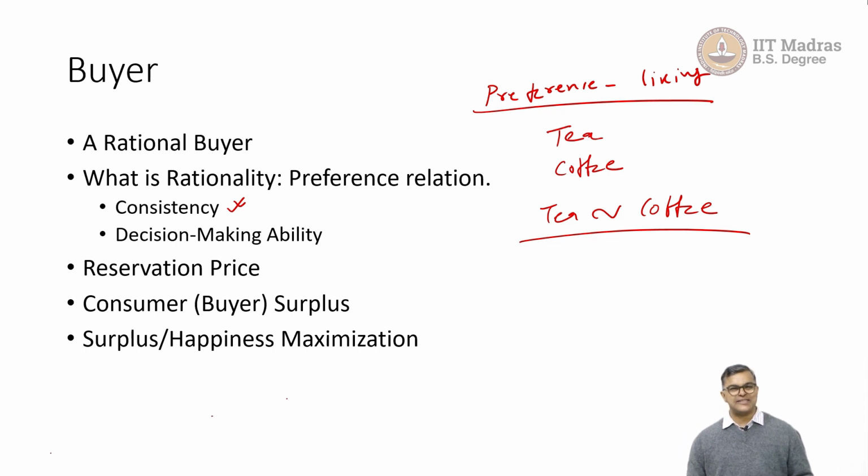Now, of course, you can say that we are not rational all the time. There are a lot of problems with this assumption, but let me give you some arguments to justify why we have such an assumption. First, let us start with the idea that people are irrational, buyers are irrational, they are not consistent, they do not have decision making ability.